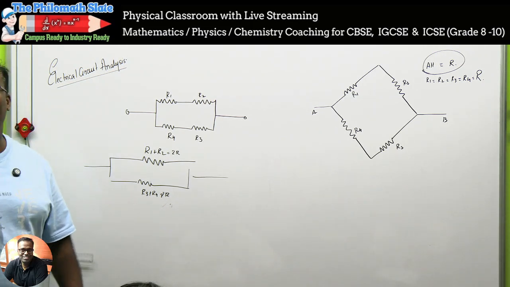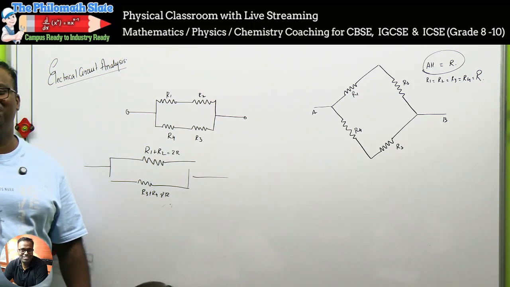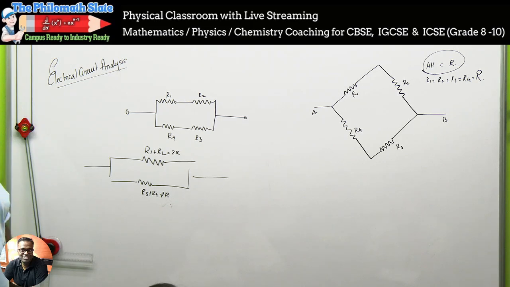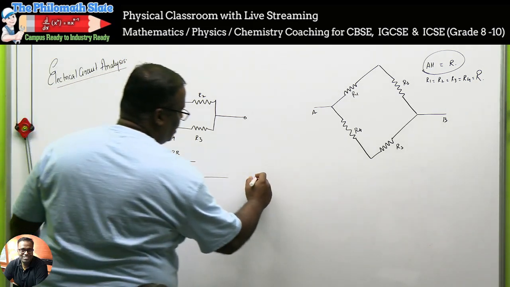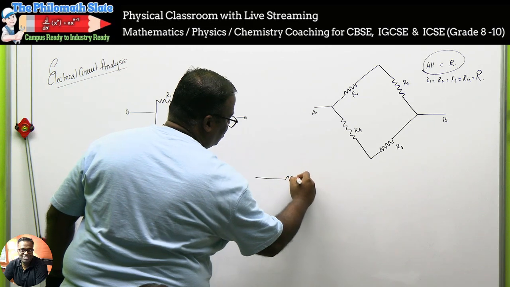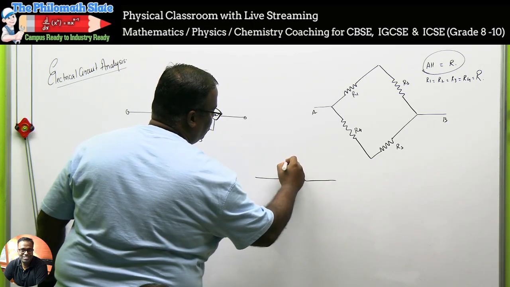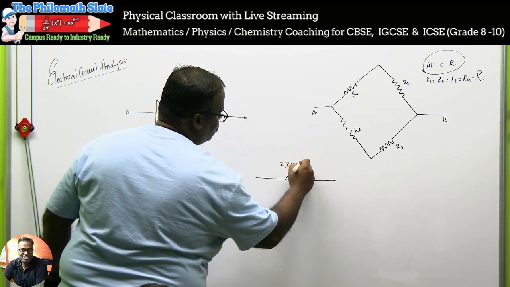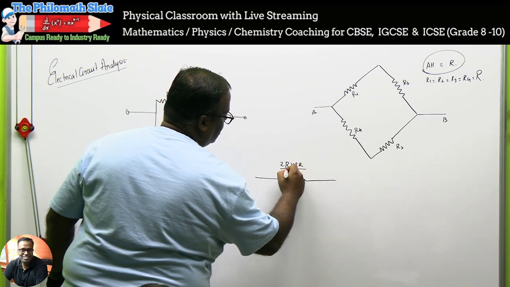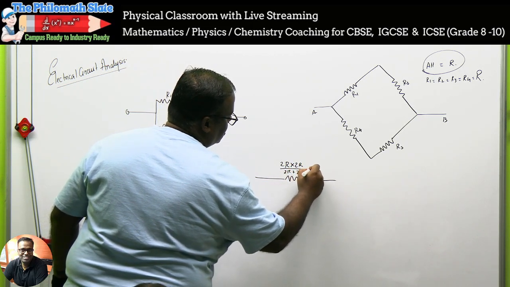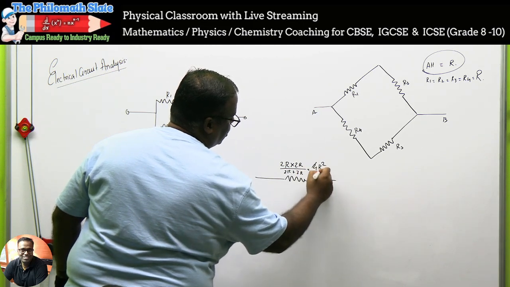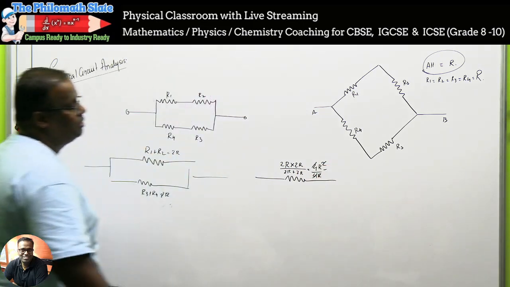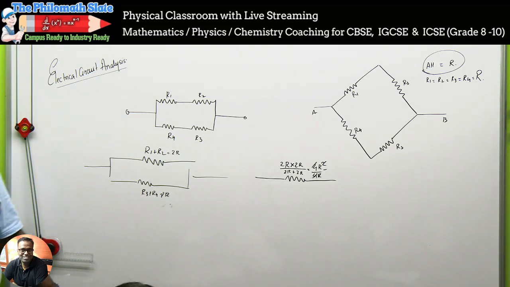R R में half होता है, 2R में R होगा, same resistor ना. But if you are still not confident, you can do it on your own. So this will be equal to 2R into 2R divided by 2R plus 2R. So this is 4R square over 4R, 4 cancel, so R. Final resistance is R.